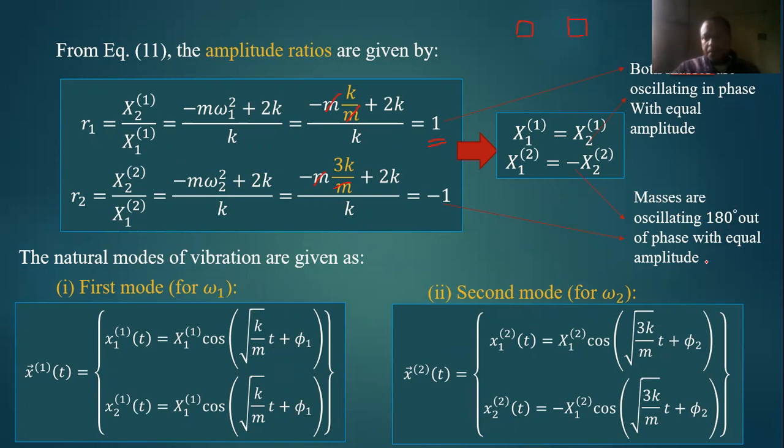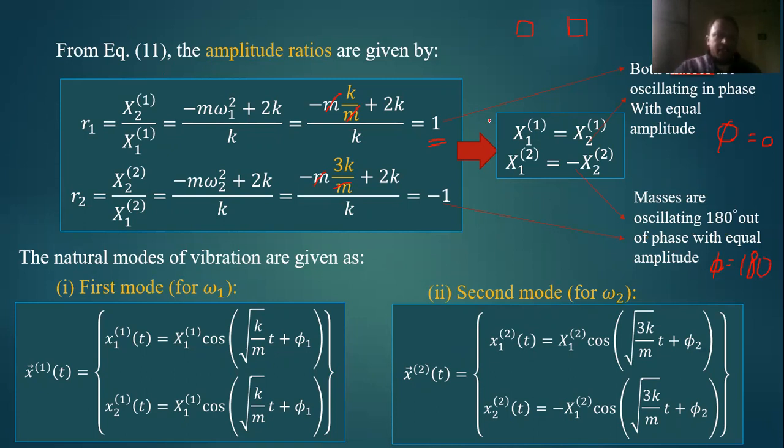In this case, phi is equal to 0 and they are in phase, and here phi is equal to 180 degrees.